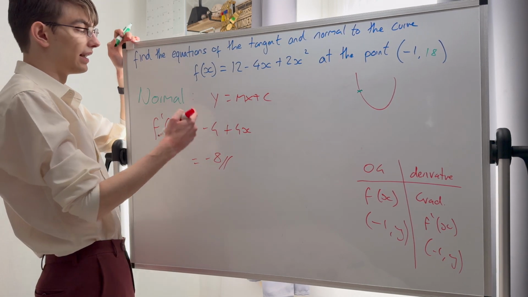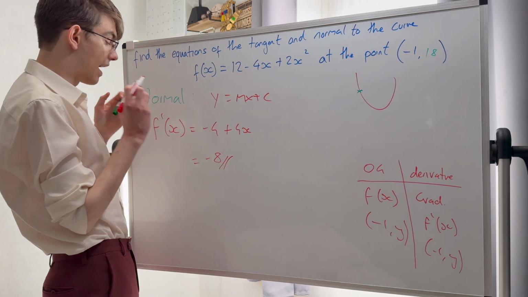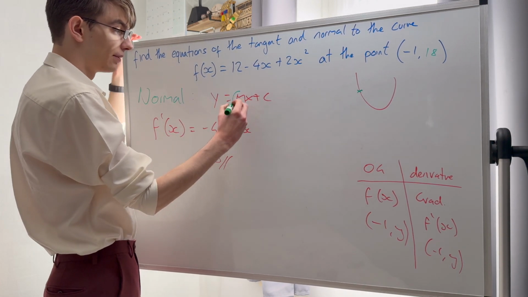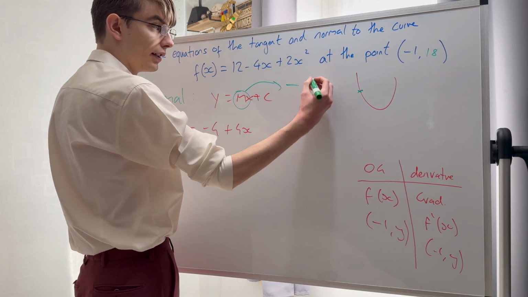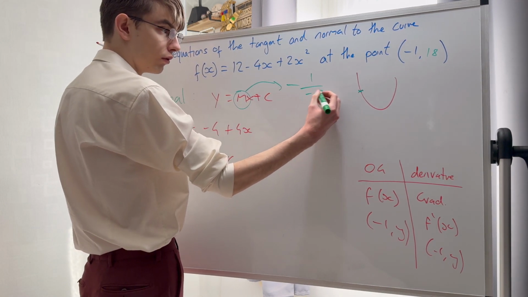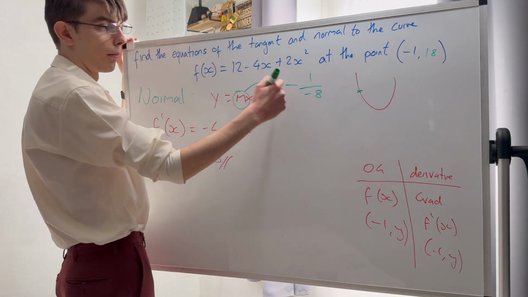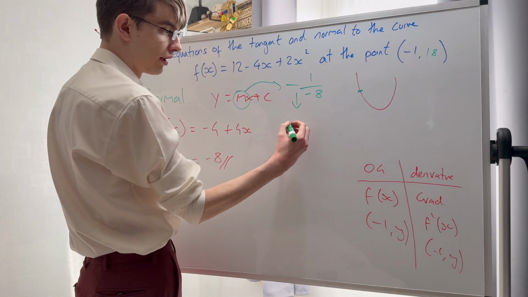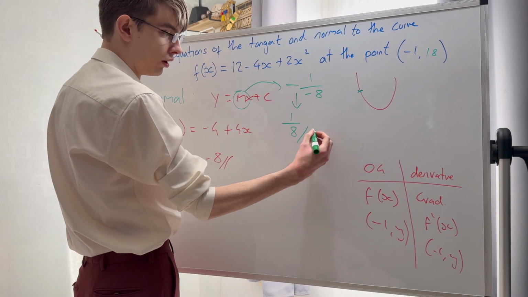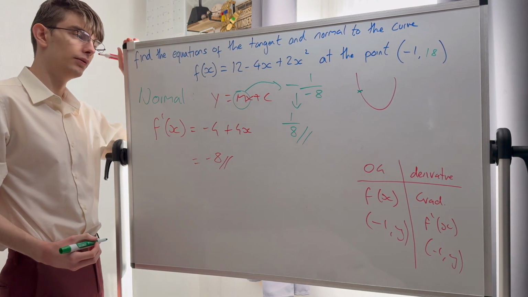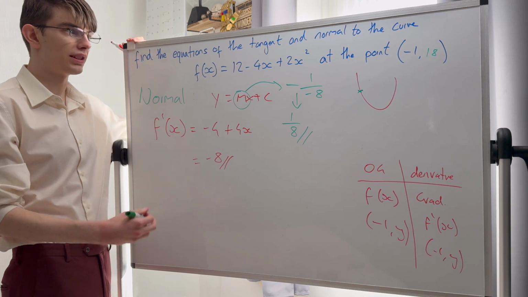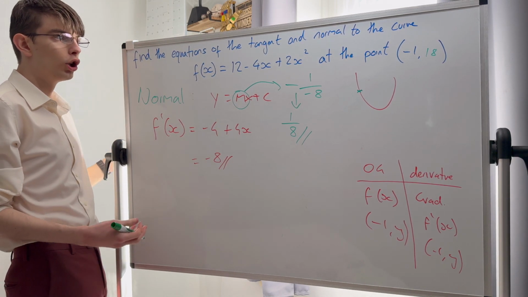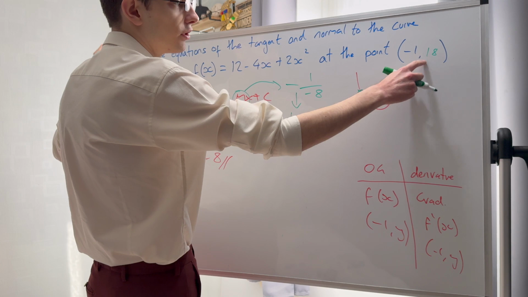But because it's a normal, my m value is not going to be minus 8, it is going to be the negative reciprocal of minus 8. My minus and my minus cancel, and I just get 1 over 8 as my m value. Now I want to find my c value, and once again I know that my normal goes through the point (-1, 18).